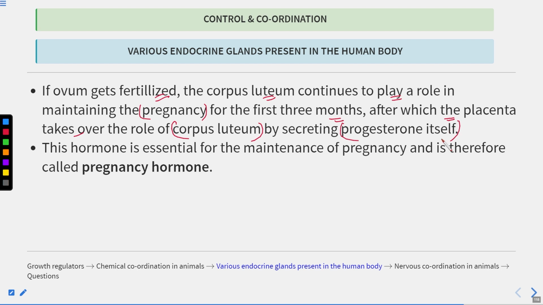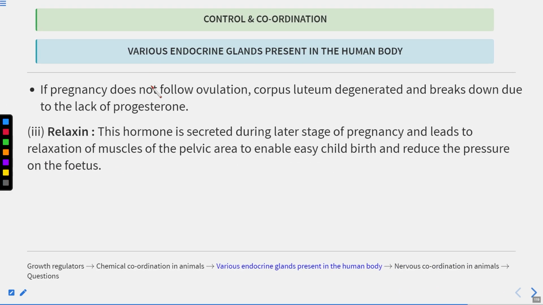So, progesterone was secreted by the corpus luteum, but after fertilization, the placenta is formed and starts secreting progesterone, and the corpus luteum then degenerates. This hormone is essential for the maintenance of pregnancy and is therefore known as the pregnancy hormone. Now, if pregnancy does not follow ovulation, the corpus luteum degenerates and breaks down due to the lack of progesterone.